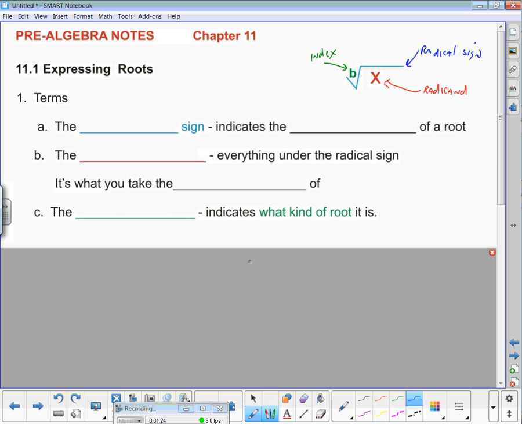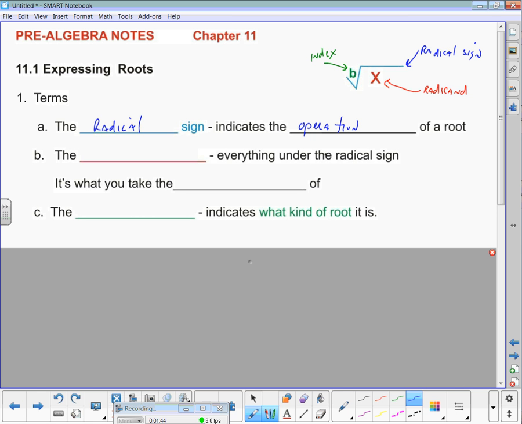So again, the radical sign here is number one, and it simply indicates the operation of a root. If you remember, when we talk about mathematical operations, we're talking about things like addition, subtraction, multiplication, division, absolute value, things like that.